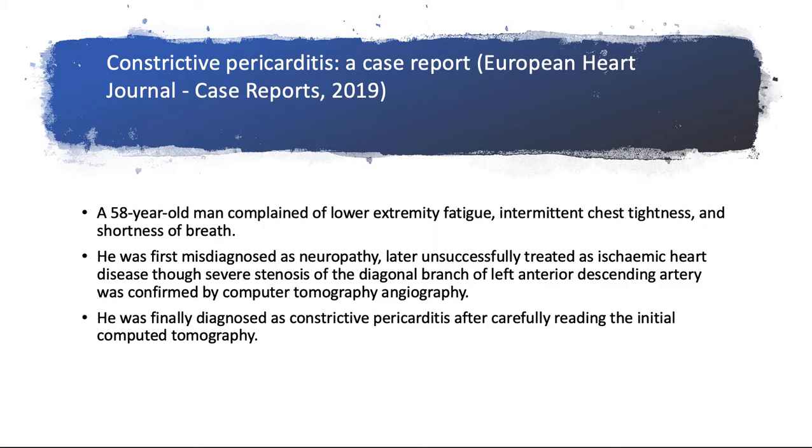He was first misdiagnosed as neuropathy, later on successfully treated as ischemic heart disease, though severe stenosis of the diagonal branch of the left anterior descending artery was confirmed by computed tomography and angiography. He was finally diagnosed with constrictive pericarditis after carefully reading the initial computed tomography.